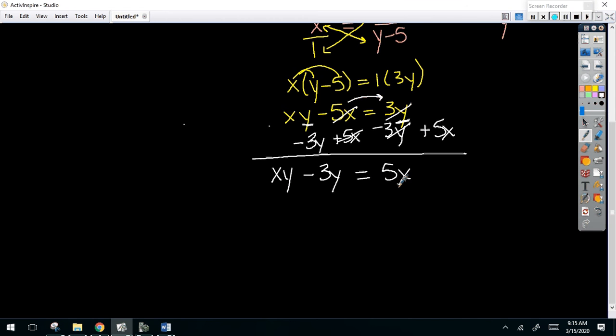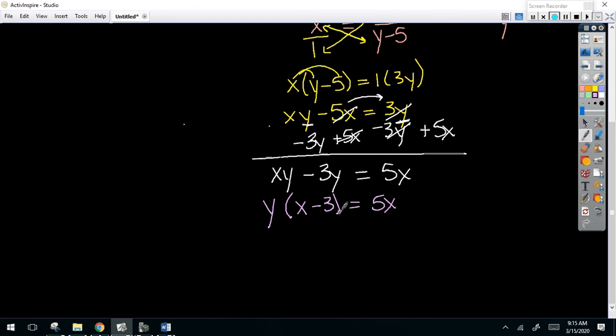So now I would imagine you could probably get to this point, and then you might be a little bit stumped as to how to solve, because I've got two y's and I've got a variable in the coefficient, but that is okay. What I want to do when this situation happens is I want to factor the y out, okay? So just take it out of both terms, and it leaves me with x minus 3.